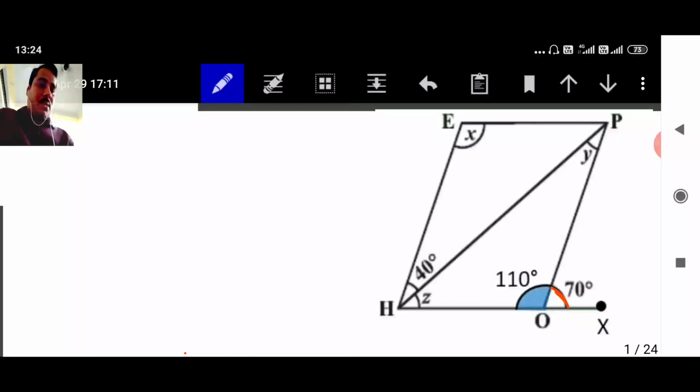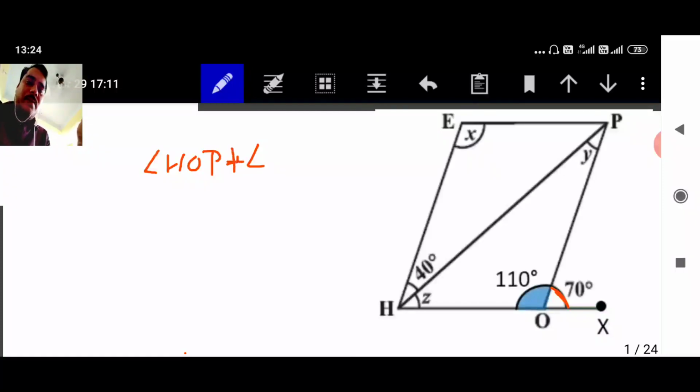Now we observe that angle HOP and angle POX make a linear pair, which means the sum of these angles will be 180 degrees.